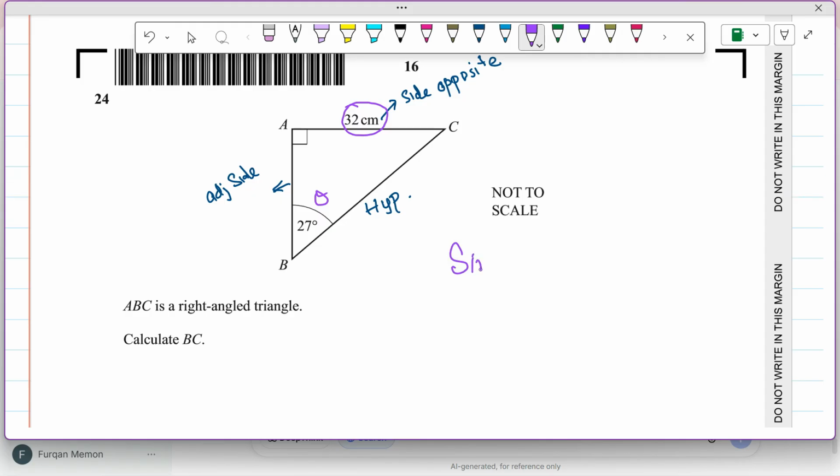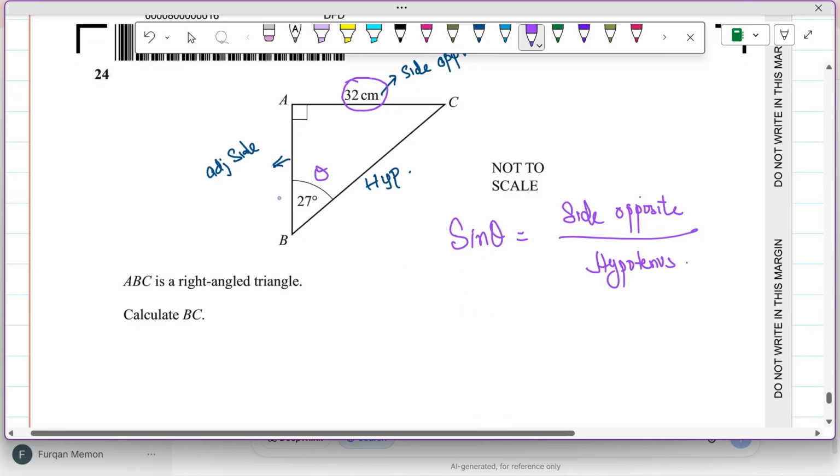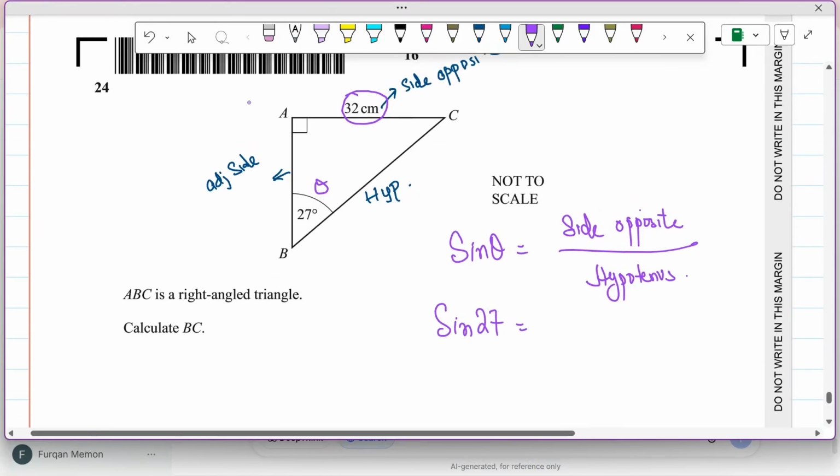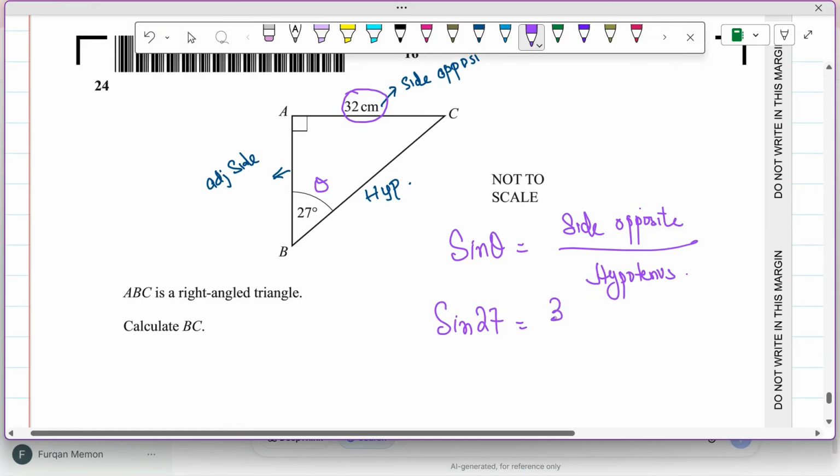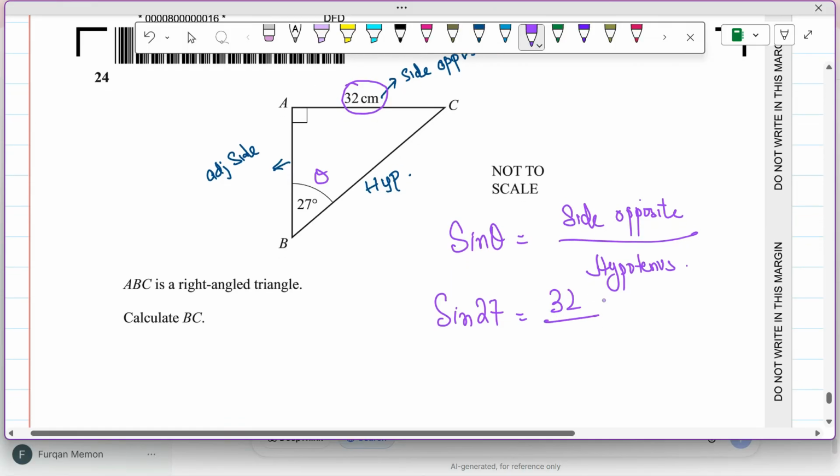So sine of theta is equal to the opposite side over the hypotenuse. So sine 27 is equal to the opposite side, which is 32, over the hypotenuse.